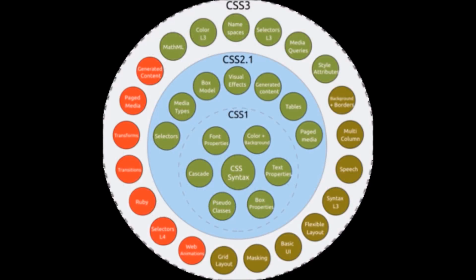Along with HTML and JavaScript, CSS is a cornerstone technology used by most websites to create visually engaging web pages, user interfaces for web applications, and user interfaces for many mobile applications.